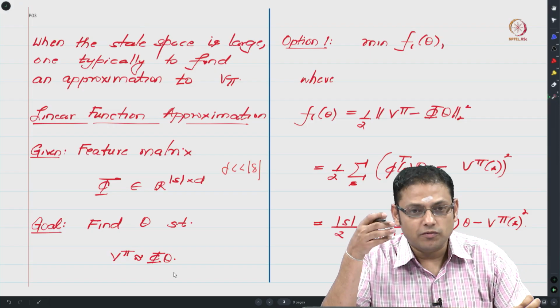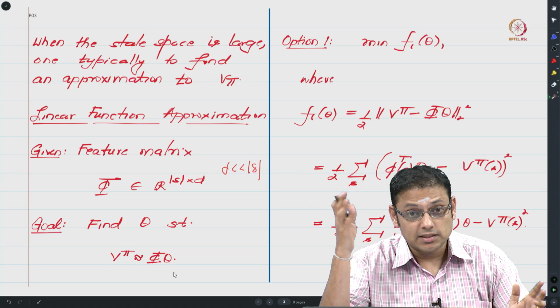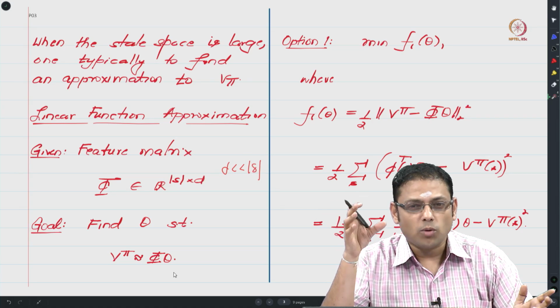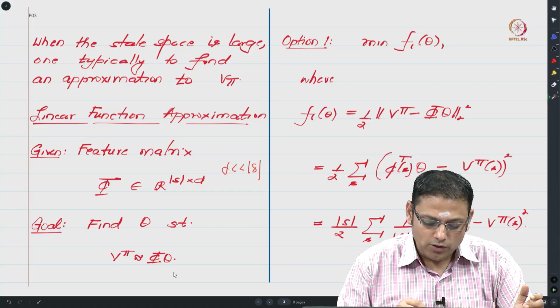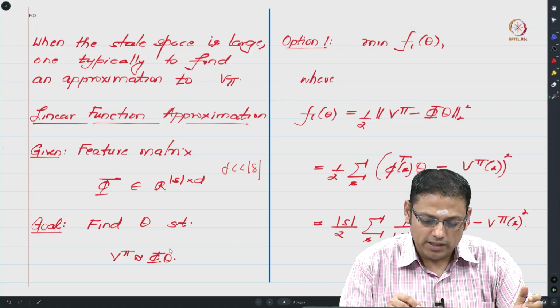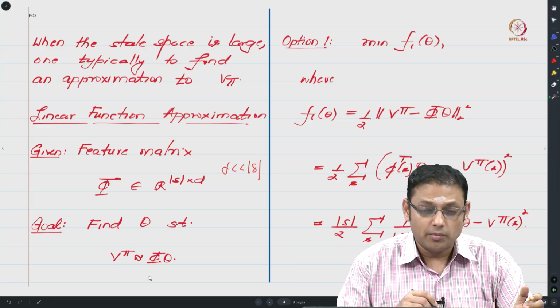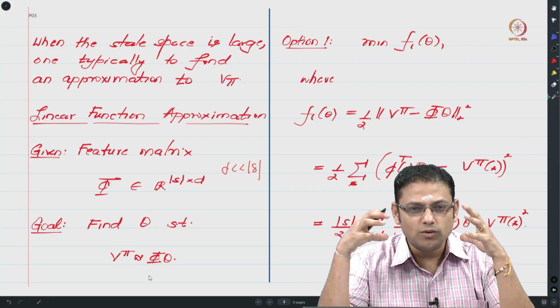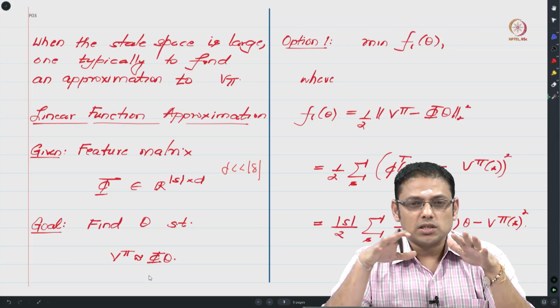We cannot find V pi, which is a vector in a cardinality S dimensional space, and we are in the problem instance where the cardinality of S is very large. So we try to find a theta instead, and as you can see the number of columns of phi is D, so theta will be D dimensional.